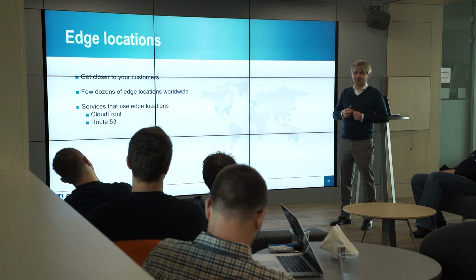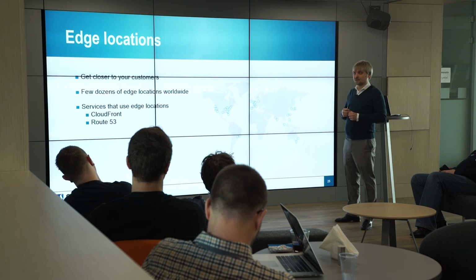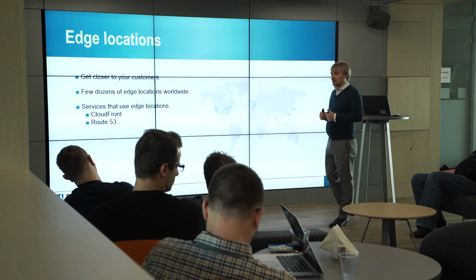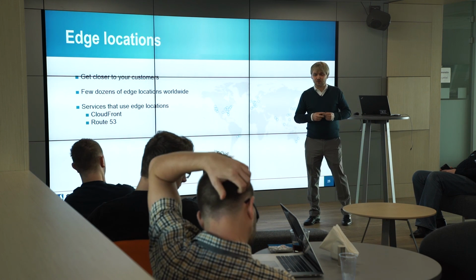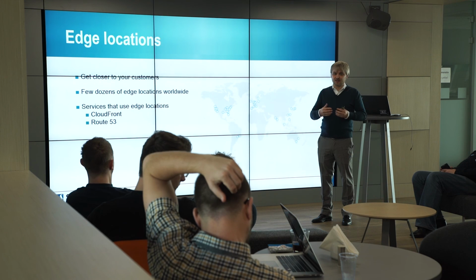So they may cache some static resources from S3, but edge locations are also responsible for DNS caching. DNS itself is a distributed database, and Amazon distributes that even more with their infrastructure, because they don't maintain it only in their data centers, but distribute it across the world inside edge locations.